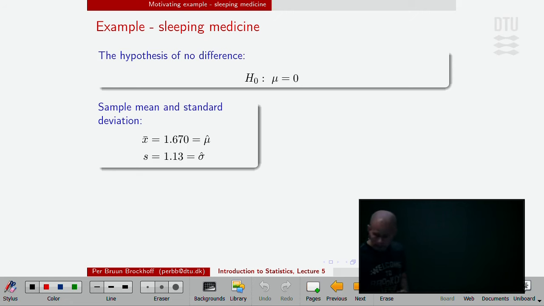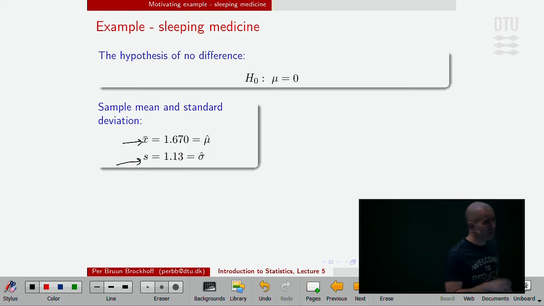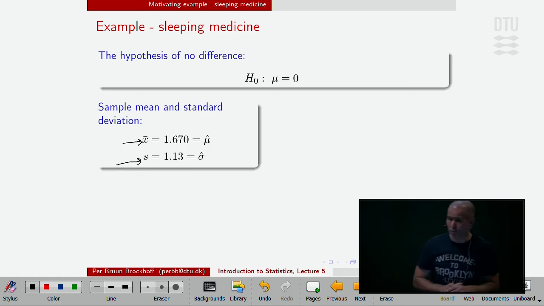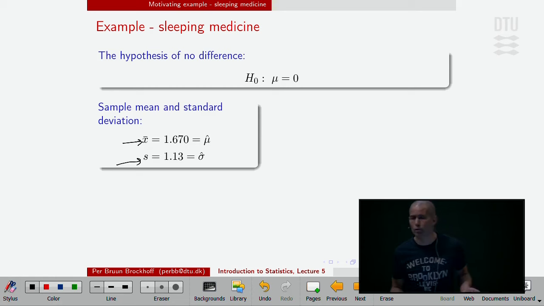I would say that the mean expresses how much better on average drug B is than drug A: 1.67 hours of sleep. And the standard deviation of these improvements is around 1.13 hours. The improvement is not the same for everyone. It's different from person to person, of course.